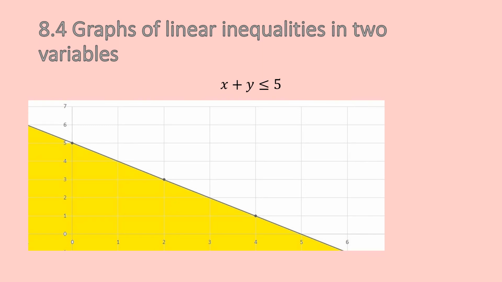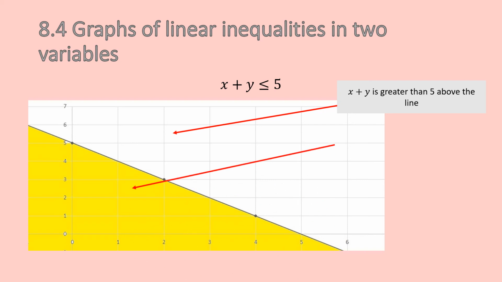So in this diagram, this part is representing x plus y is greater than 5, above the line. And this part, x plus y is less than 5, below the line.